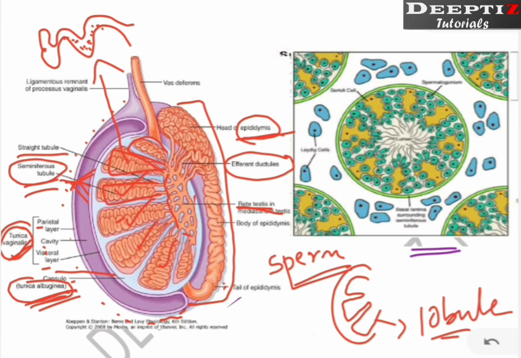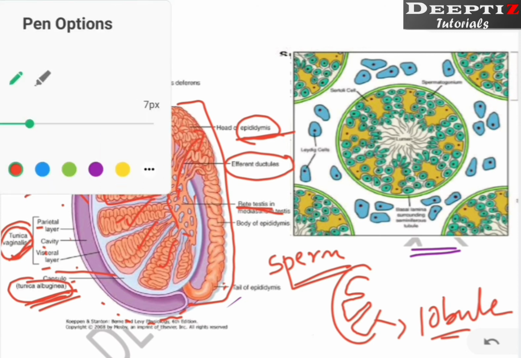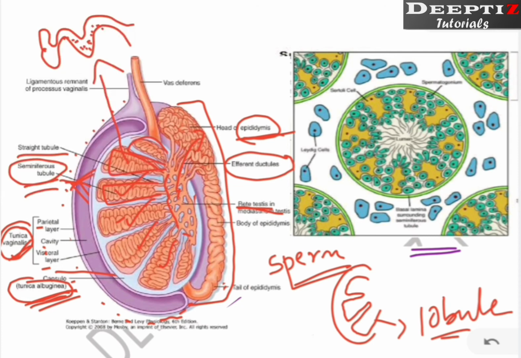These are the structures which collect sperm from here to here, right? The sperm which are produced in each compartment, within the compartment seminiferous tubules are there. That will be collected first by the rete testis. From the rete testis it will go to the epididymis. Who brings it to the epididymis?